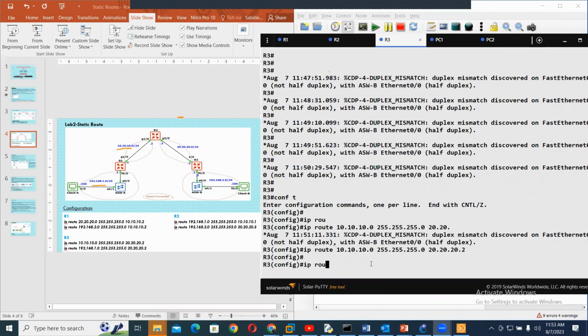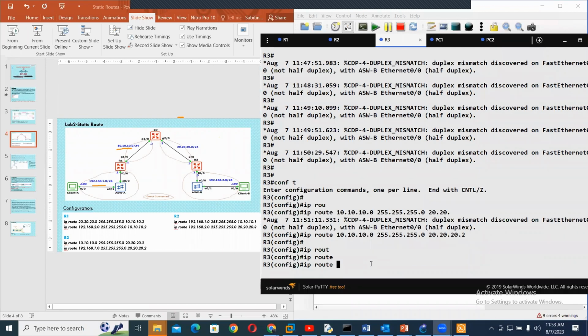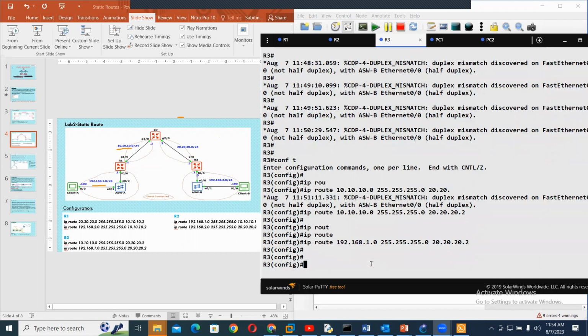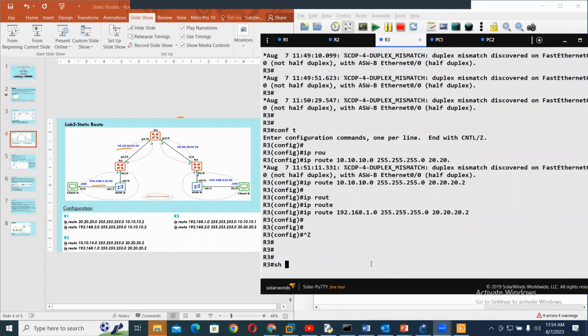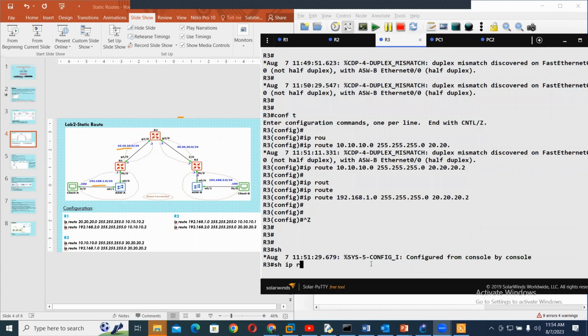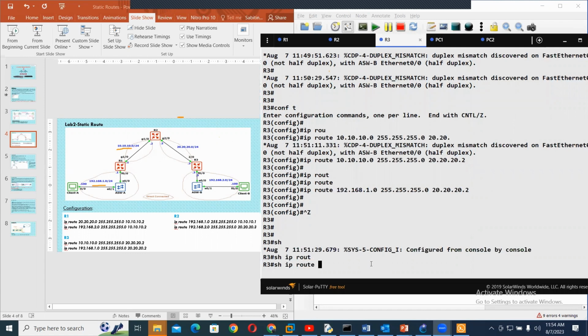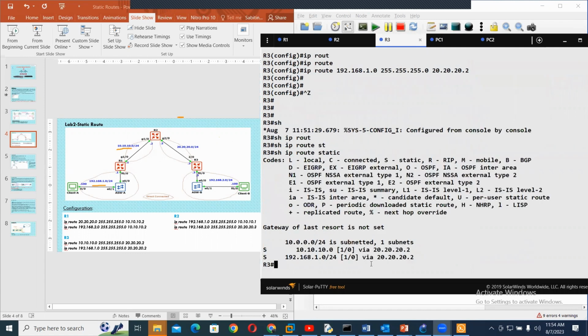IP route 192.168.1.0 255.255.255.0 20.20.20.2. Show IP route static.